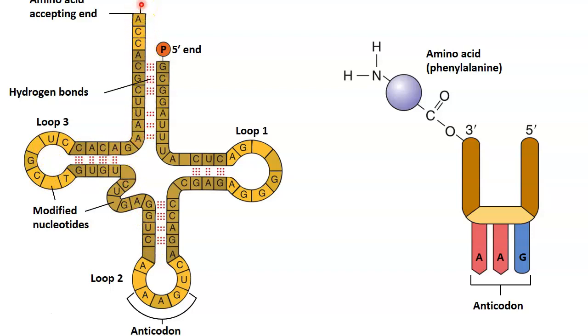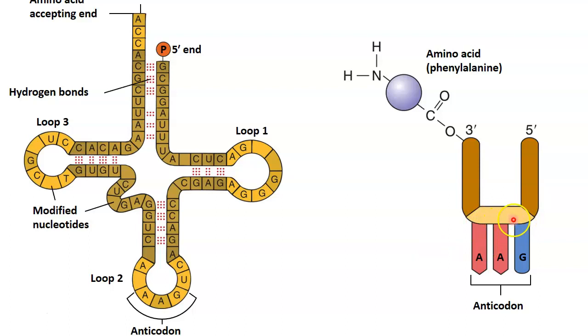So it was linear, but because of some hydrogen bonding between the bases, it ends up forming kind of a T-shaped structure. And at the very bottom of that T, down here in loop 2 we call it, there are 3 bases which constitute the anticodon. Now in this more simplified version over here, the same thing.